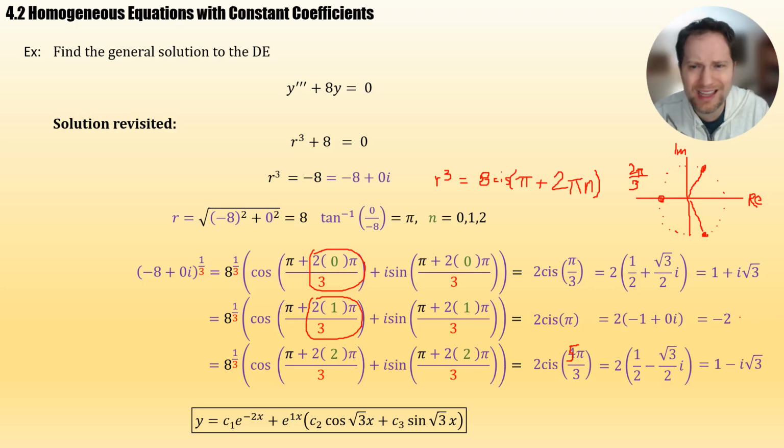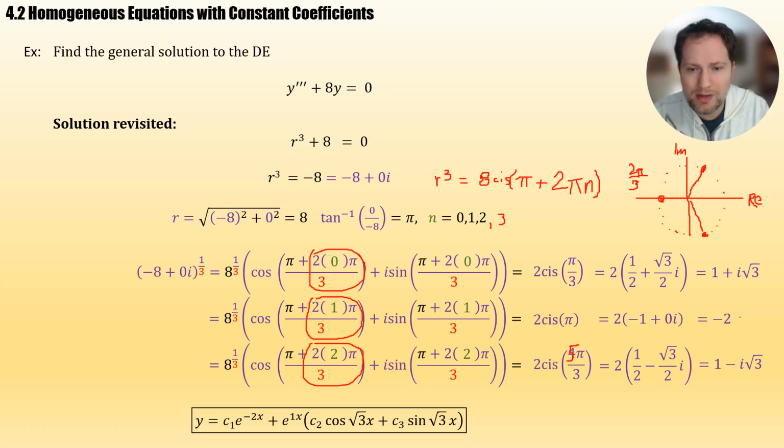So that's another way of thinking about this: find one root, and once you have one, you're just adding 2 pi over 3, then adding 2 pi over 3 again. Now notice what would happen if we went one more. How do I know that I'm stopping here? What happens if I go to n equals 3? Feel free to do it.